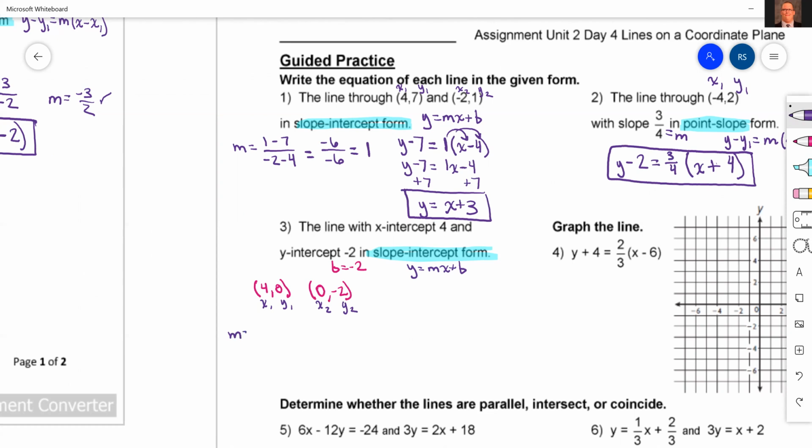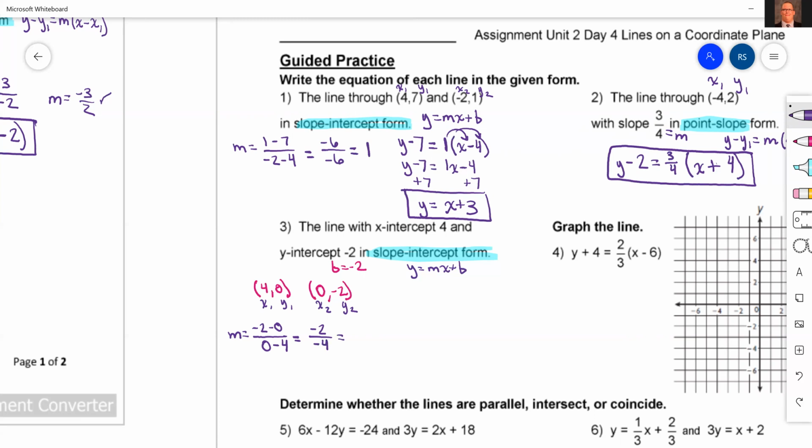So slope equals y2 minus y1 over x2 minus x1. -2 minus 0 is -2. 0 minus 4, -4.